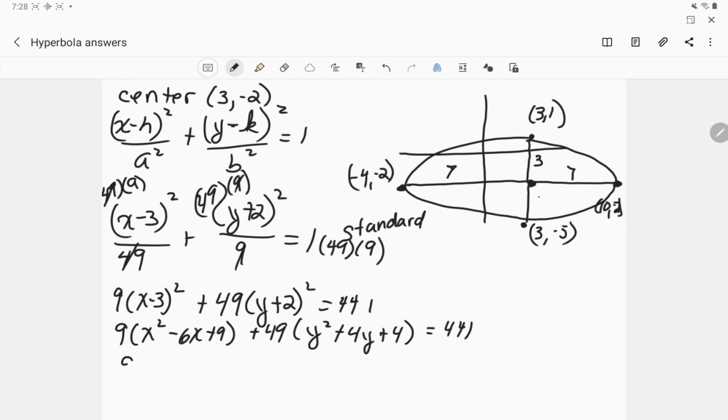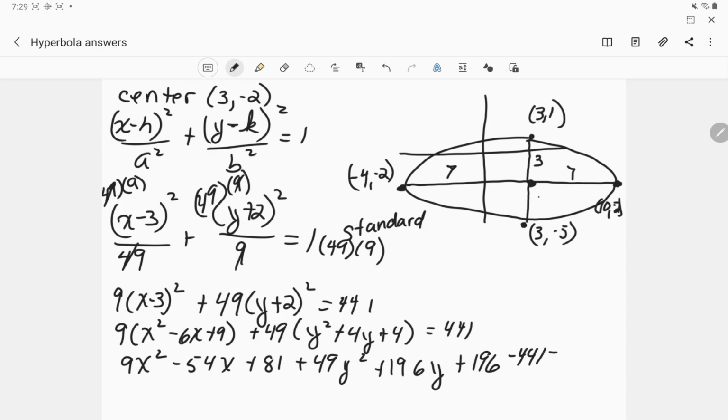So 9x squared minus 54x plus 81 plus 49y squared plus 9 and 4 is 36, carry the 3, that's 196y plus 196. If I bring the 441 over, minus 441 is equal to 0.